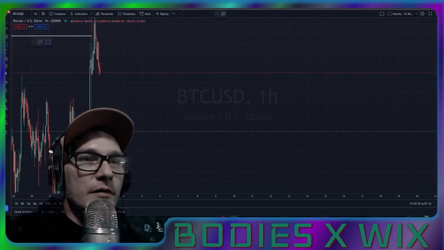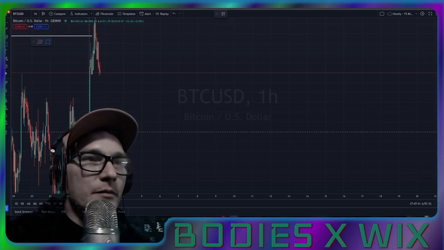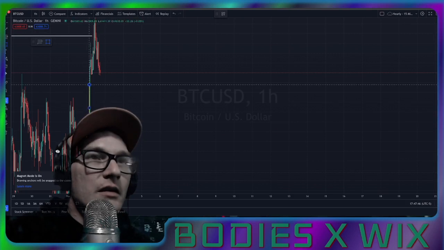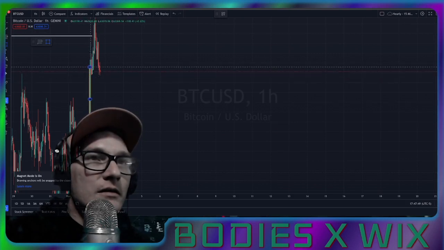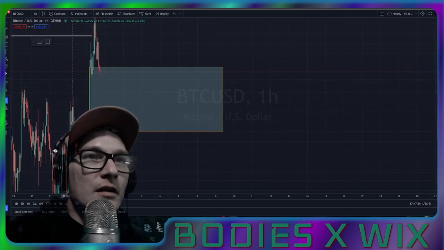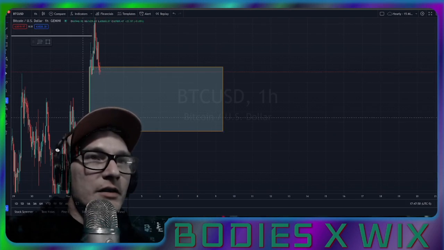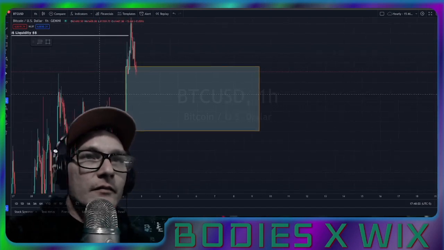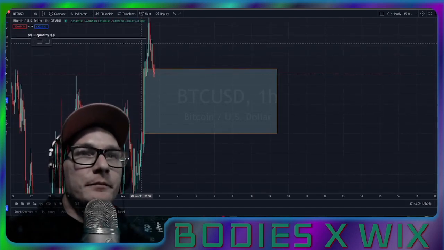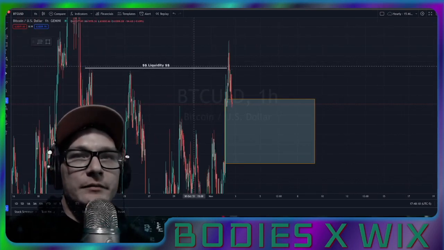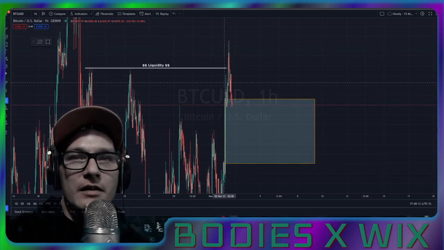So a fair value gap goes from the previous candles to the next candle that left a gap. So that would be there to there, right? See that? So you have this huge candle that came up and got close to these equal highs and then decided to fall back.